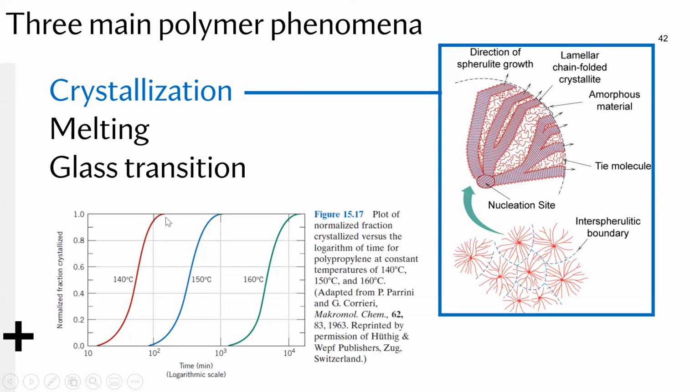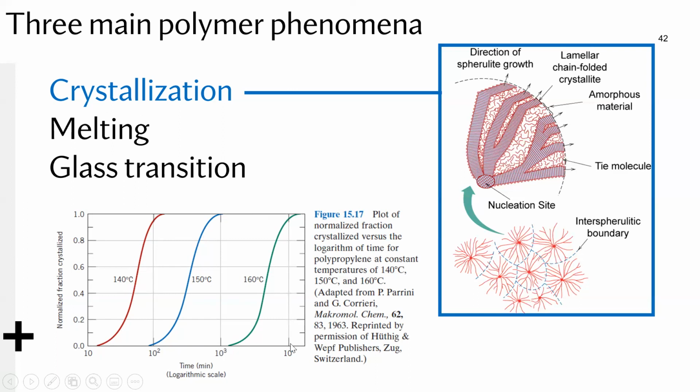I've already told you that this is really difficult to achieve, and you can see that this kind of plateaus here, asymptotes, as if it really doesn't reach there. But basically what happens is that there's a phase where the slope changes and then it goes down again. But depending on what temperature you have, the time span of this crystallization can significantly change. This is a logarithmic scale plot.